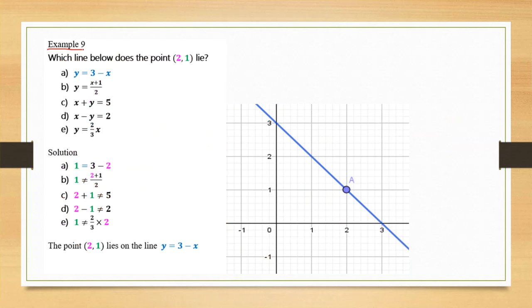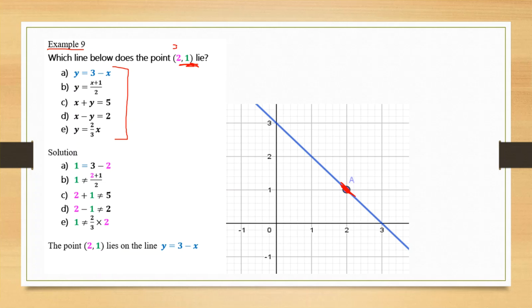Example 9, which line below does the point 2, 1 lie on? So we've got all of these options. And you can see that with the blue line, this point 2, 1 is on that line. So graphically, it's pretty easy to see. Algebraically, what we do is x equals 2.